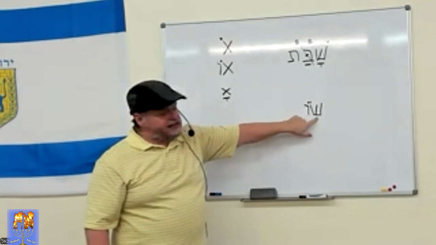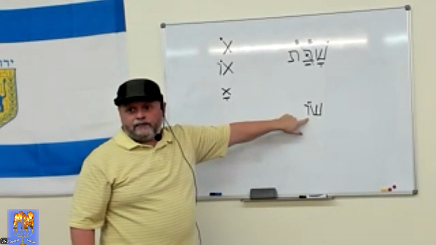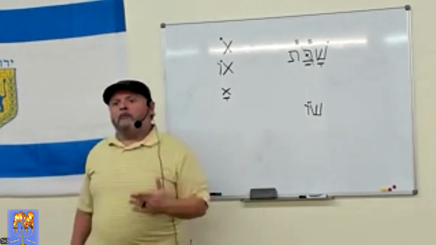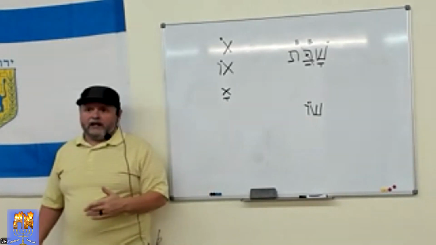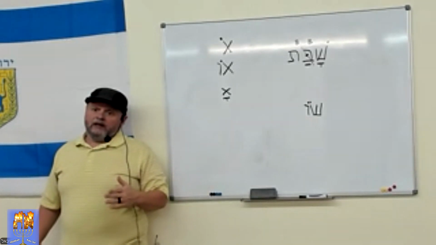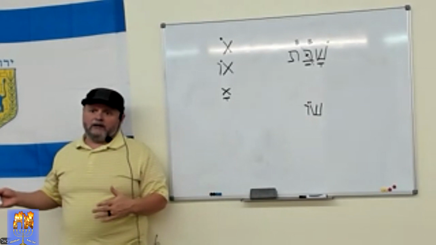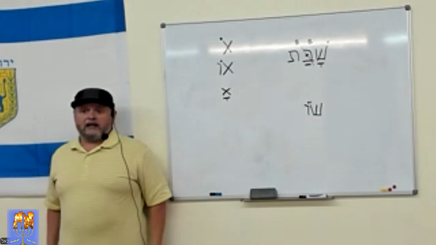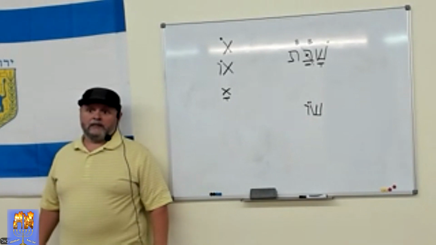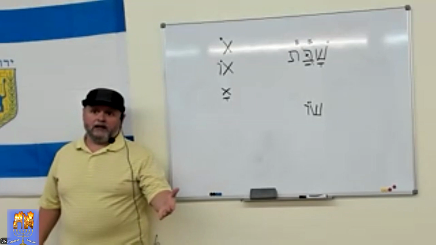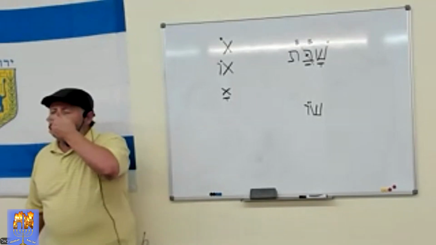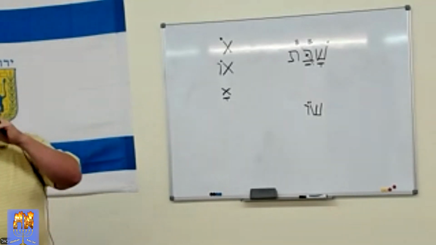So this would give us the sound so. There's no vowel point that goes over the right-hand side of a letter. So when we see a dot on the right-hand side, we know that one's going to sound like SH. That's shin. If it's on the left side, it's sin. Kind of like old Mephibosheth.